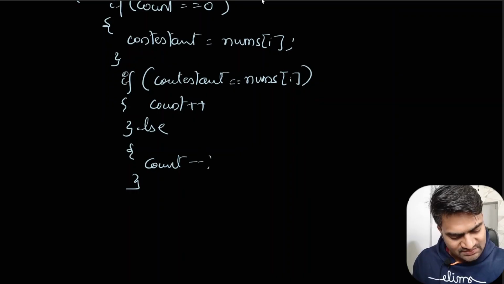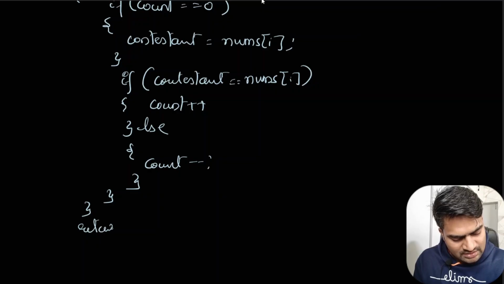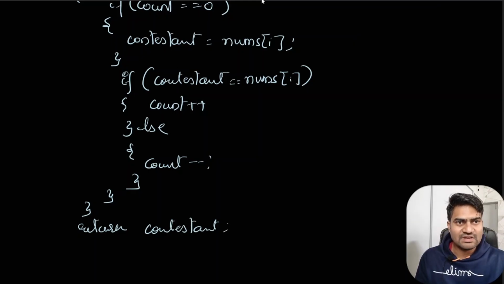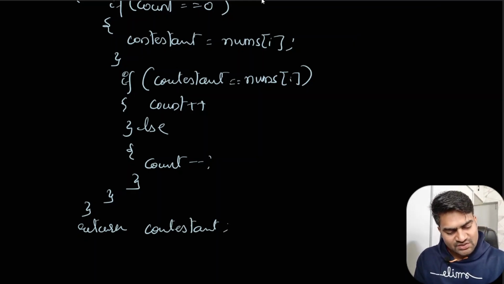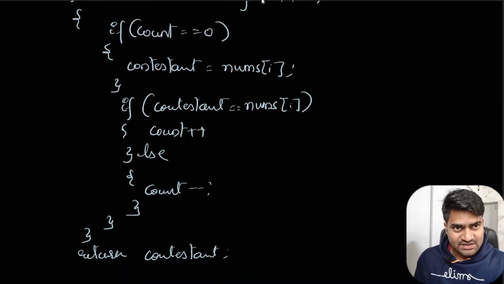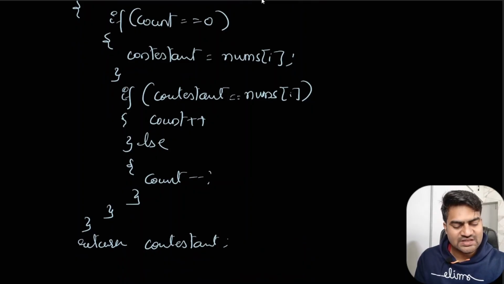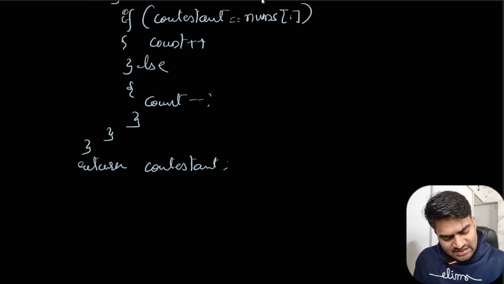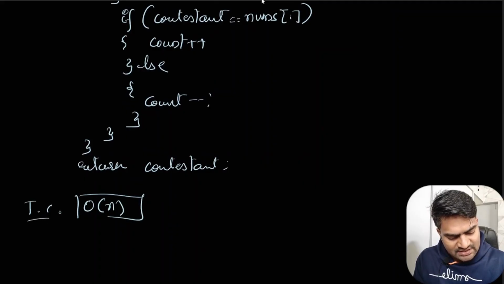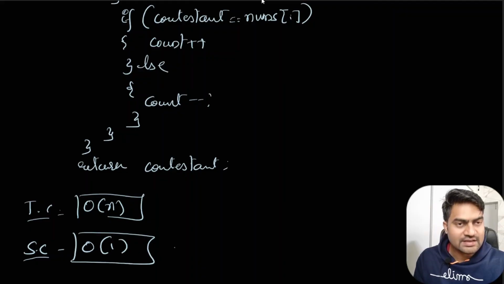Okay, so this way at the end, you just need to return the contestant. So this way we will get the majority element. So if you see, with one iteration and without using any extra space, we are determining the majority element. That's why it is of order n for time complexity, and for space complexity it is of order 1.